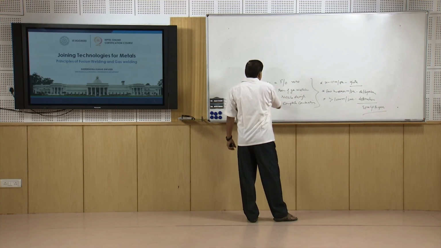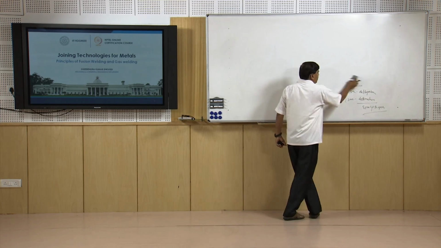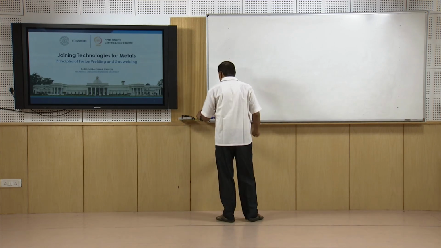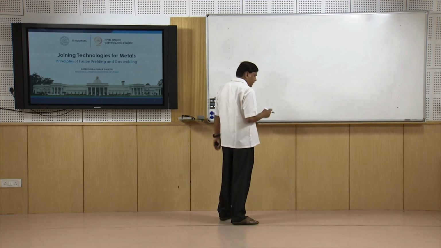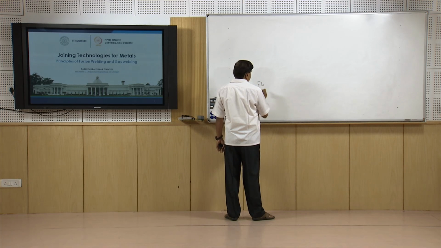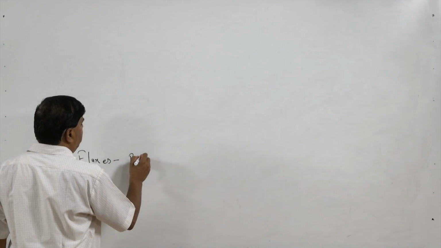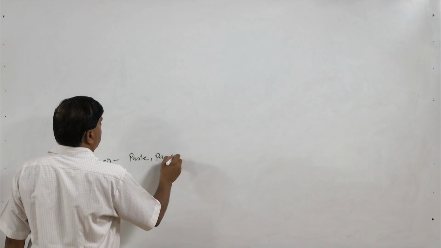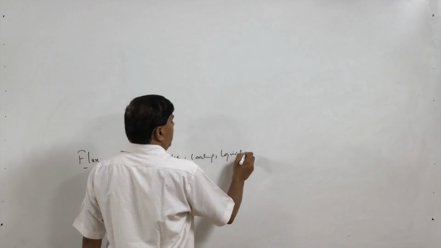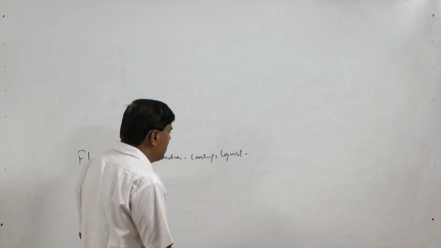Now in the case of gas welding, since the protection is not very effective, there is a possibility that a lot of gases in the form of oxygen and nitrogen are present in the weld metal, producing impurities in the form of oxides and nitrides. Therefore, to take care of these impurities, normally fluxes in the form of paste, powder, solid coatings or liquid are applied over the faying surfaces before applying the heat.